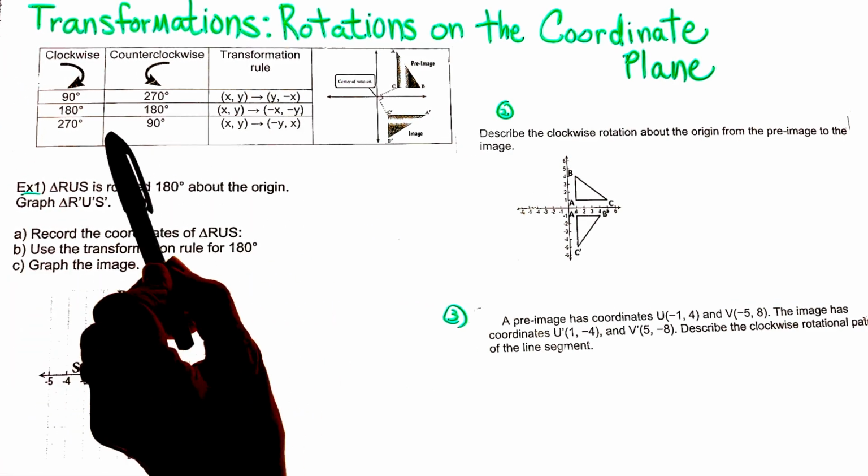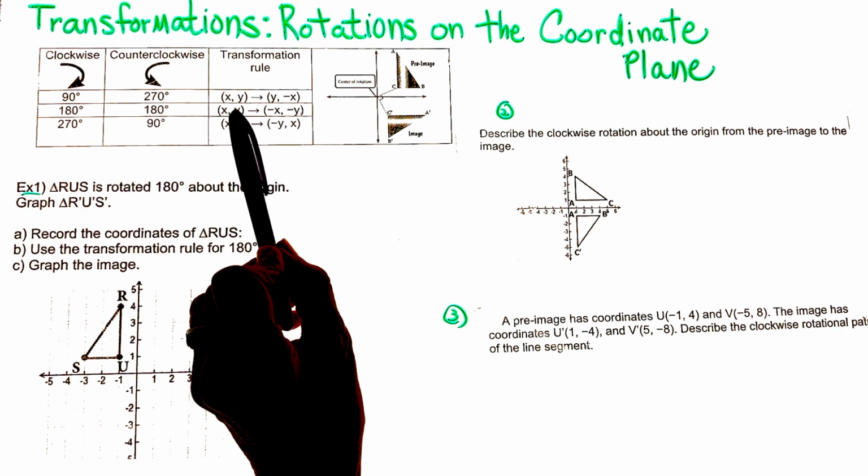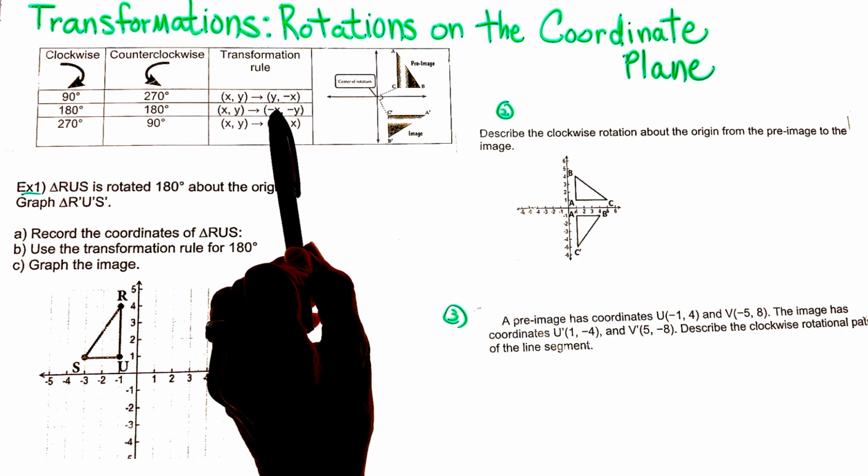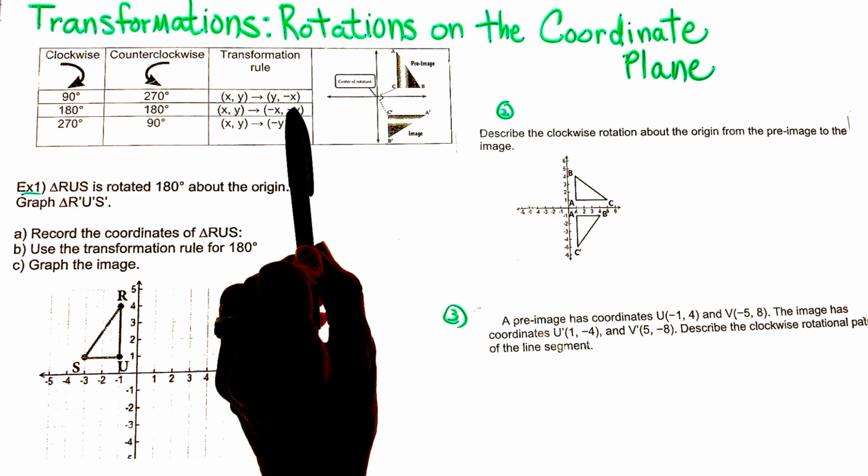And the transformation rule for 90 degrees, notice X and Y will change locations, Y and X, but the X does turn to the opposite of whatever it is.